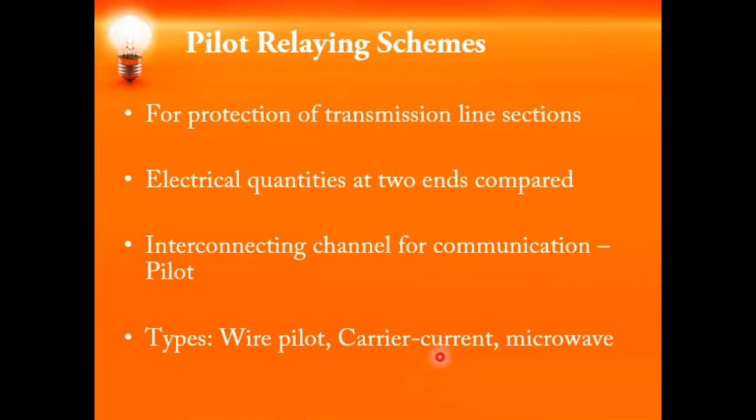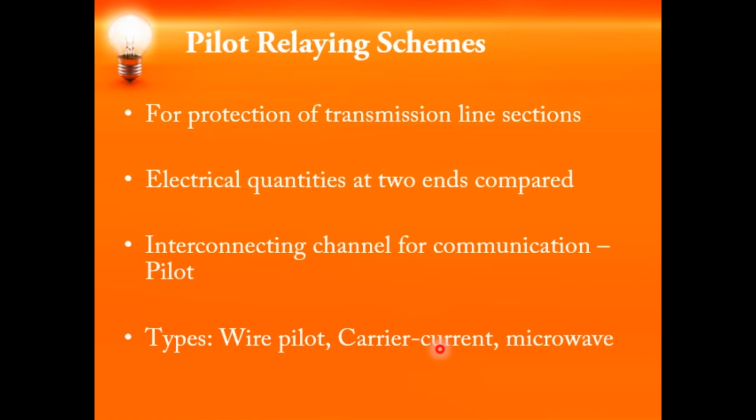A microwave pilot is a radio channel of very high frequency, that is 450 to 10,000 megahertz. Among these three, wire pilot schemes are usually economical for distances up to 30 kilometers, whereas carrier current schemes are economical for longer distances.